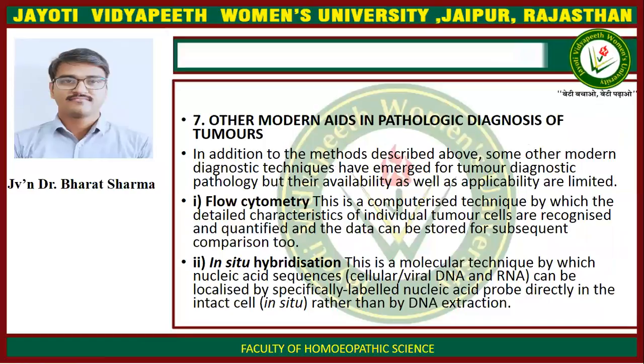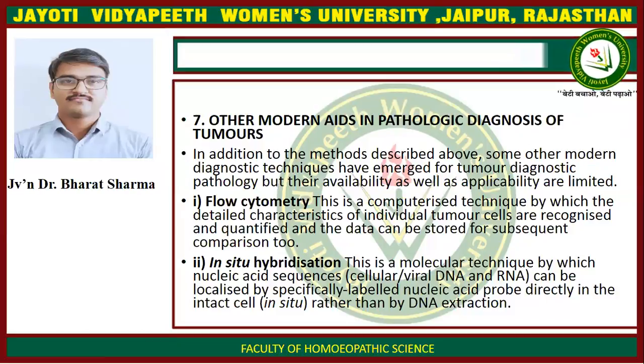Other modern aids in pathological diagnosis of tumor. In addition to the methods described above, some other modern diagnostic techniques have emerged for tumor diagnostic pathology, but their availability as well as applicability are limited. Flow cytometry.